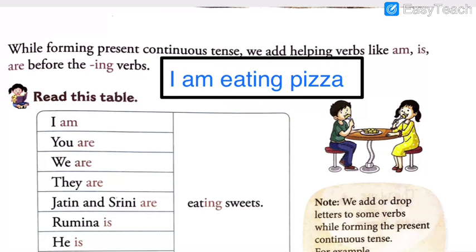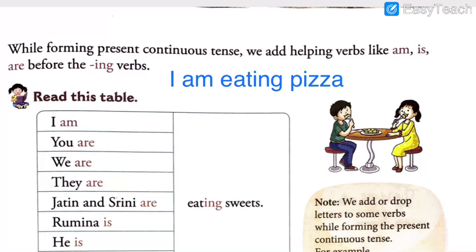I am eating pizza. Okay, I forgot to put the full stop here. So I'm going to put the full stop at the end. Okay. I am eating pizza. Now what is the verb? What is the action happening? Eating. Isn't it so? Eating means you are doing some action.